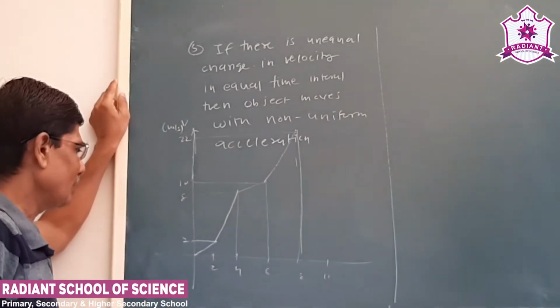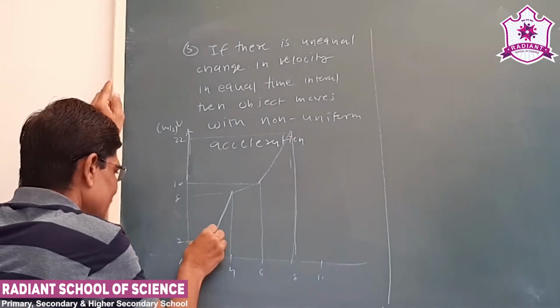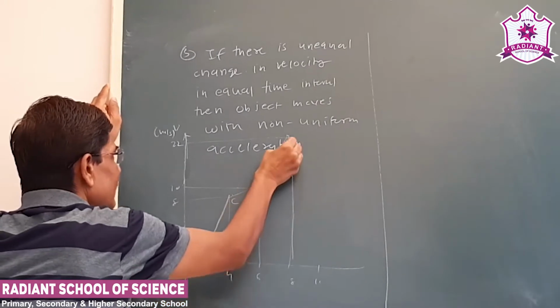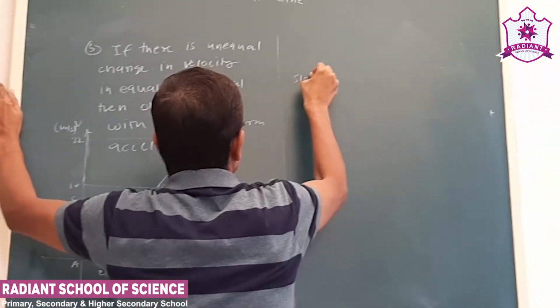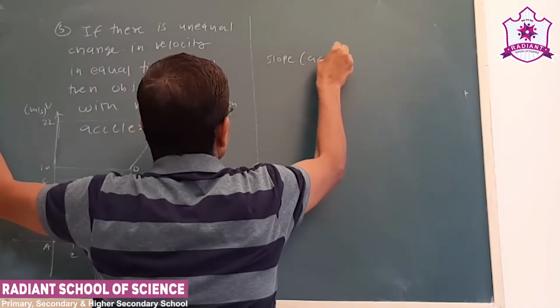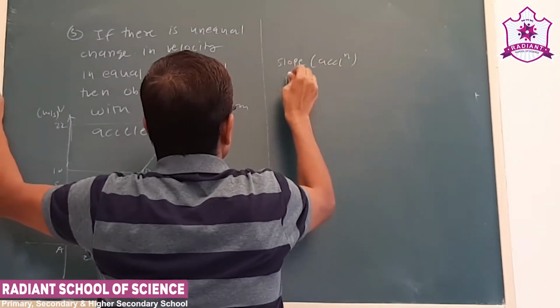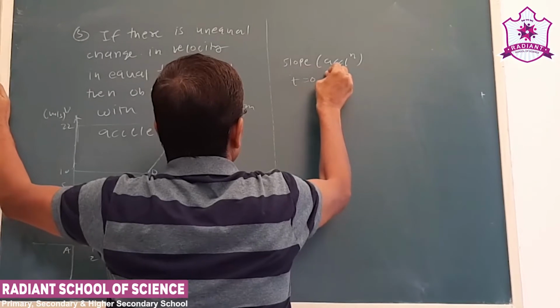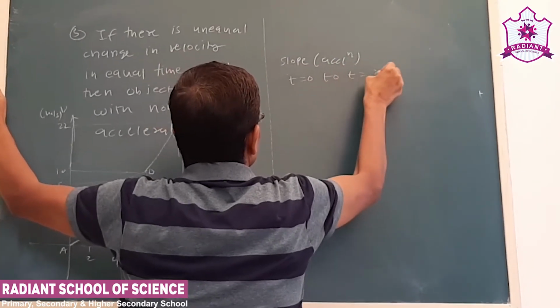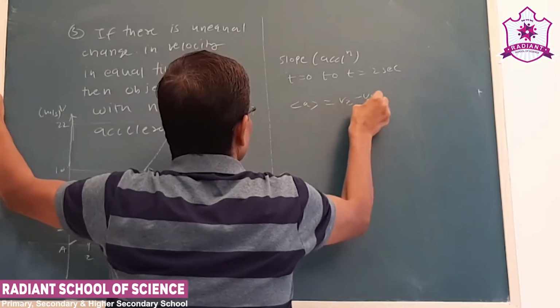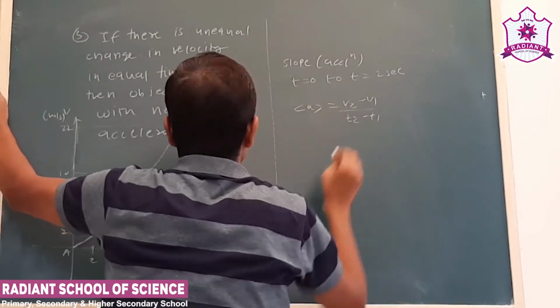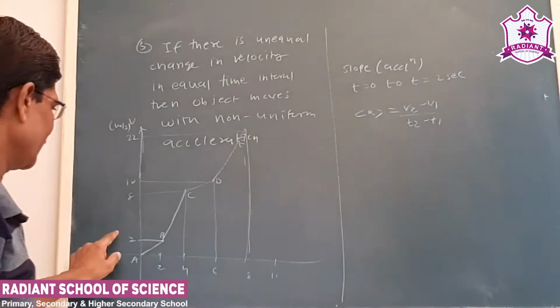Now let us say the graph points we denote as A, B, C, D, E. First we find the slope or the acceleration in the time interval 0 to 2 seconds; then average acceleration is v2 minus v1 upon the time difference.